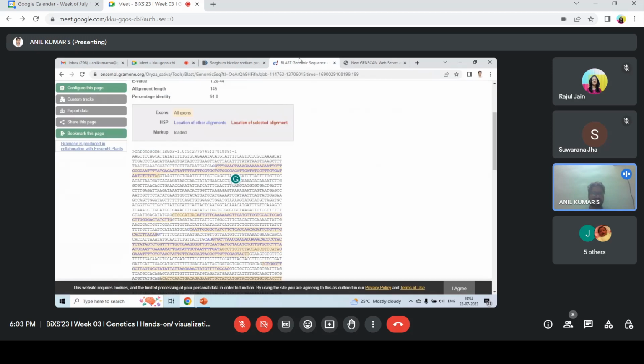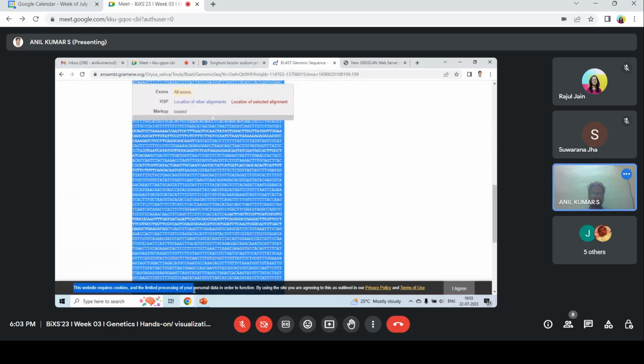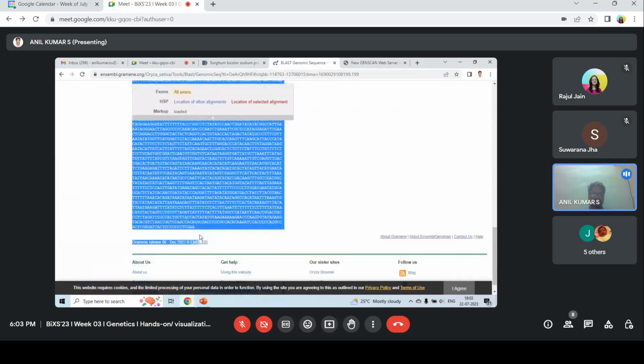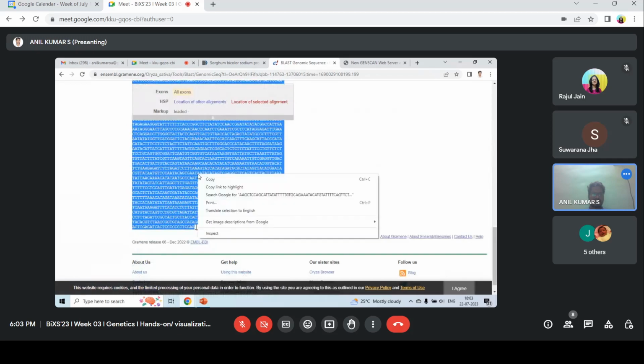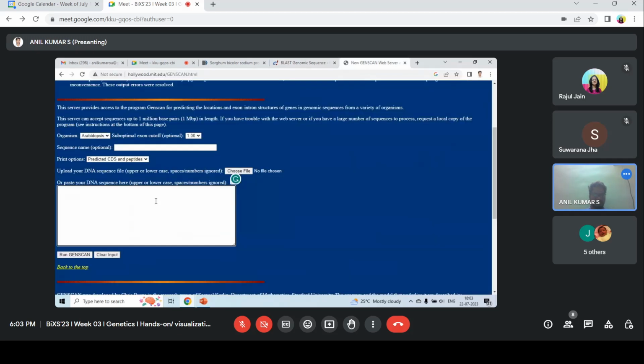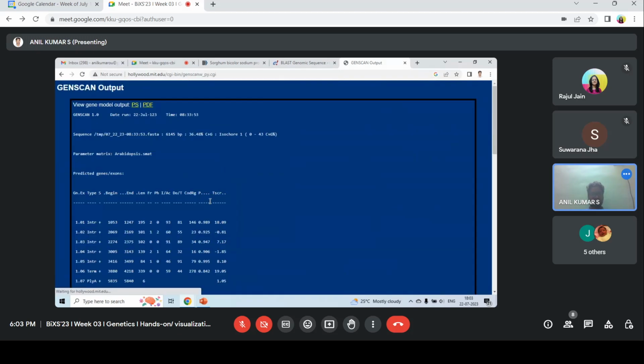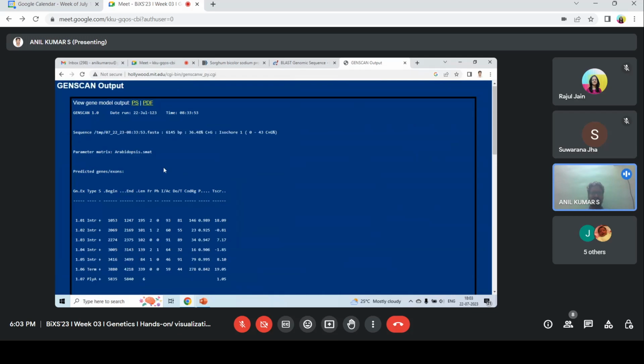Whatever sequence has come here, simply copy that big sequence and paste here. The main function of this server is that it will remove all your introns and give you a CDS, nothing but only your exons. Once you are done, just submit.